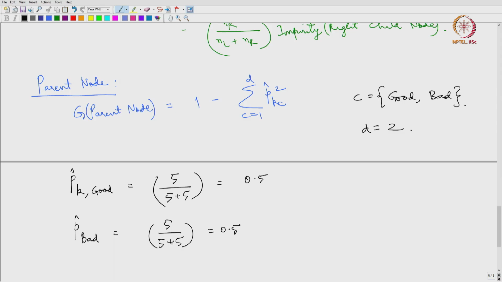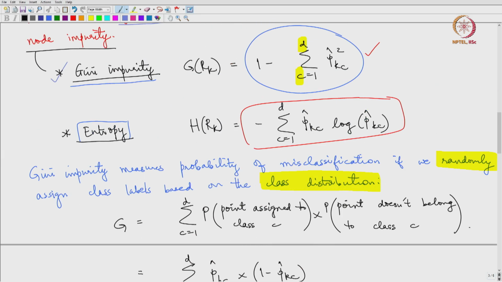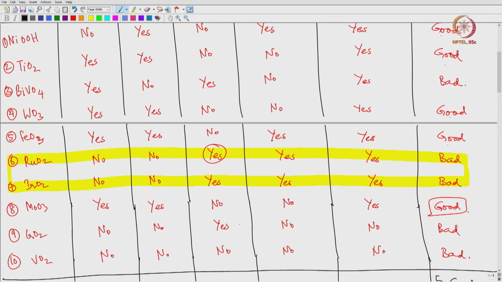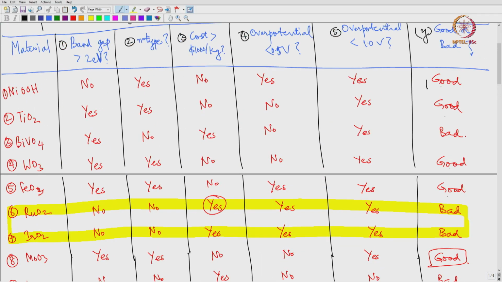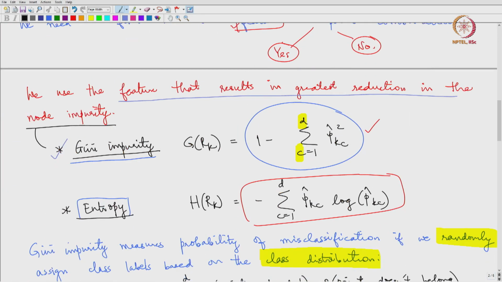I hope this makes sense. You can go back and convince yourself that there are 5 entries that are good here and 5 entries that are bad here. So for this particular parent node, p hat k good is 0.5 and p hat k bad is 0.5.